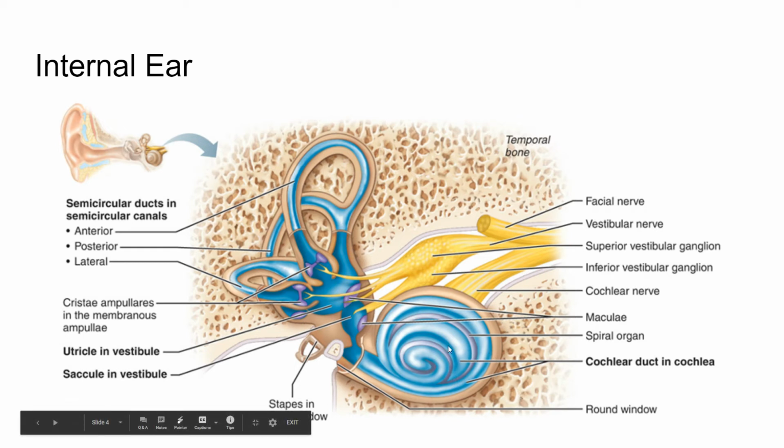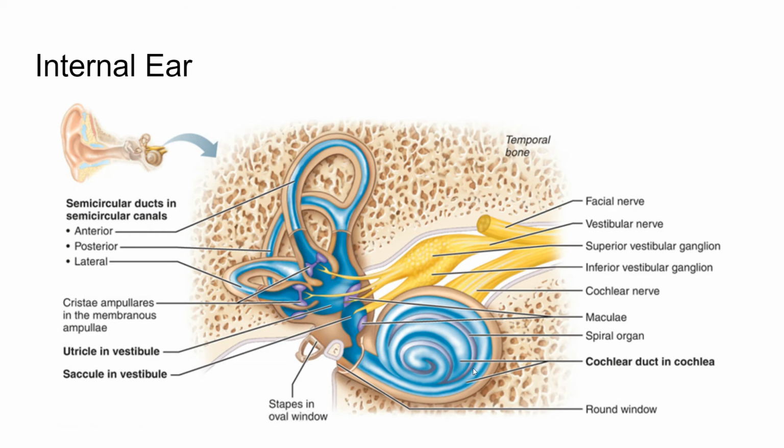These organs work together, and we're going to talk about this in the next video, to sense vibration and then conduct that vibration to the brain, so that our brain can then perceive it as particular sounds.